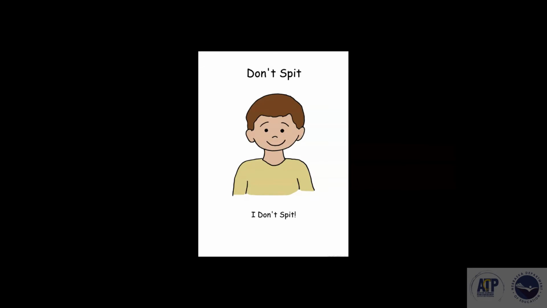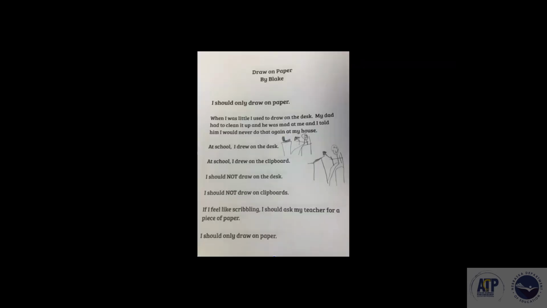It was read when he was having a great day and we could sit and talk about the behavior, but it was also read in response to the behavior to remind him of what he needed to do. We also took the opportunity to give him and his peers a chance to act out parts of the story without actually spitting. A social narrative does not have to be a long, planned-out process with fancy graphics.